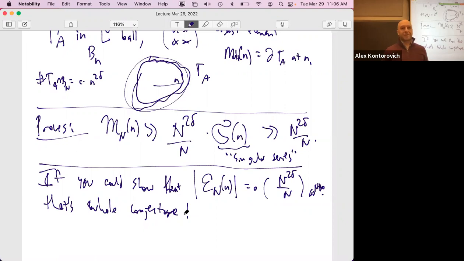And if I have that the error term is small compared to that, it means that actually I'll have a representation, and I should not have if n is not admissible. The admissibility is actually being captured here in the singular series. The singular series is non-zero if and only if n is admissible. So it captures the admissibility in the process. So that bigger is because n is admissible. Yes, this is for admissible n.